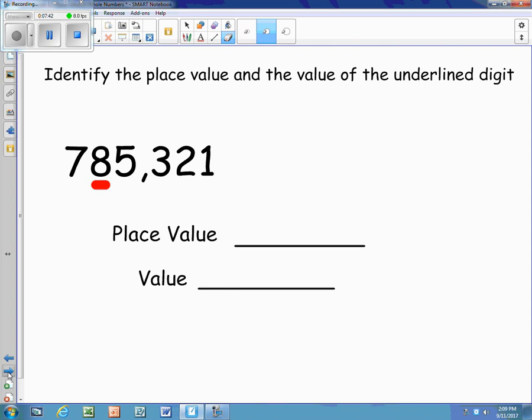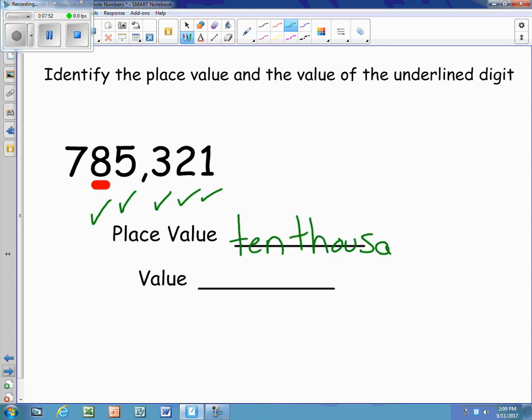Next, underlined digit, we go ones, tens, hundreds, thousands, 10,000s. So we write 10,000s. And its value, there's an 8, and it's in the 10,000s place, and the rest are all zeros. So that's the difference between place and value. And this is how we get our place value for whole numbers.